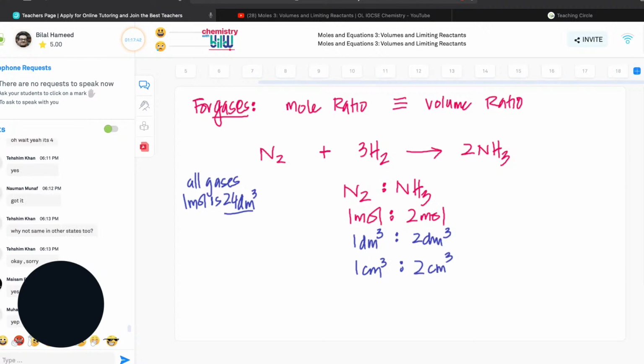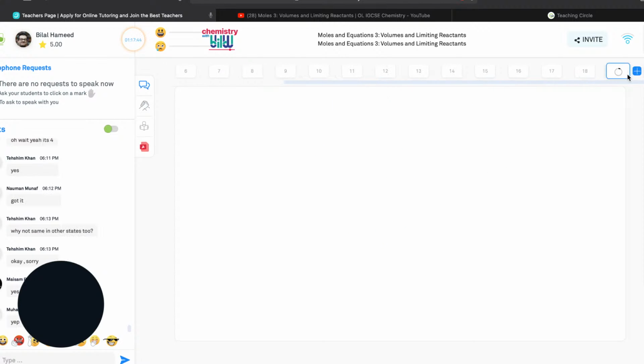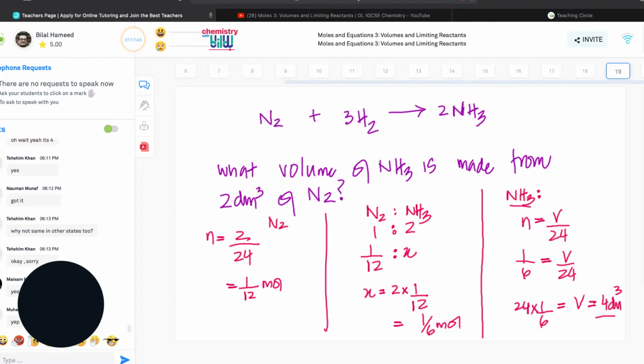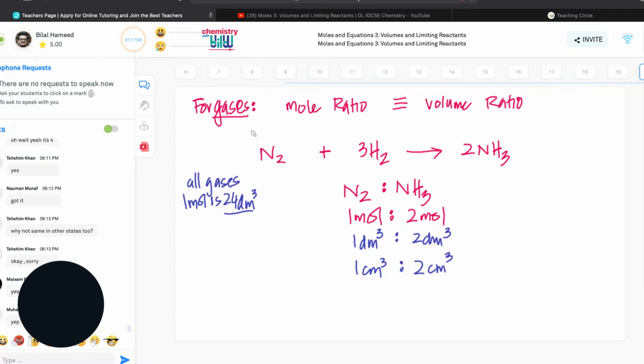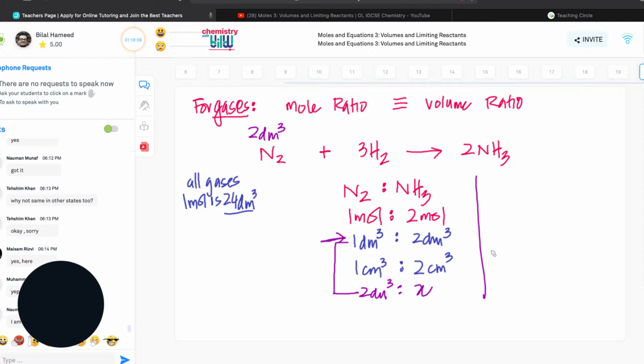In the previous question, I said what volume of ammonia is made from 2 dm cube of nitrogen. So if I have 2 dm cube of nitrogen, what was the shorter way? I could use this relationship. If 1 mole is to 2 moles, 1 dm cube is to 2 dm cube. So if 1 dm cube is to 2 dm cube, 2 dm cube would be to how much volume? That's literally what I would do.